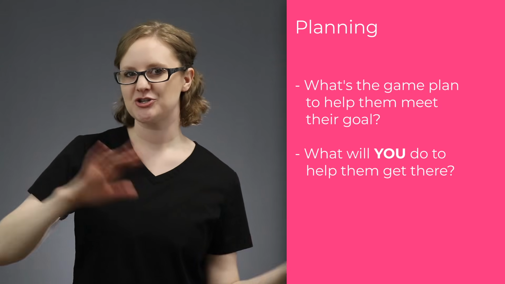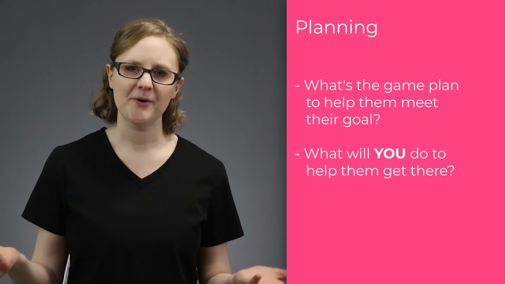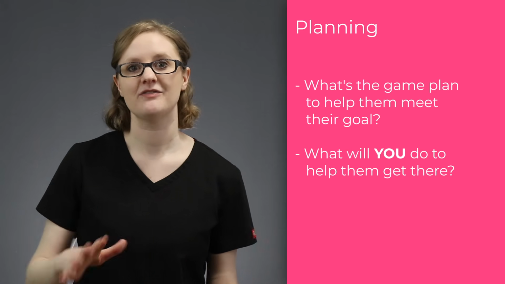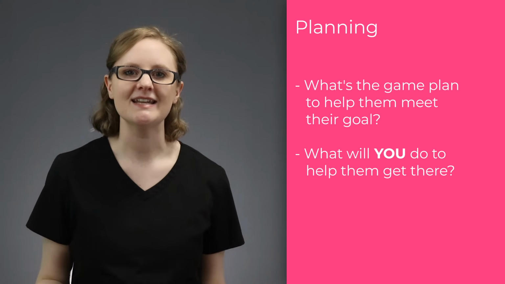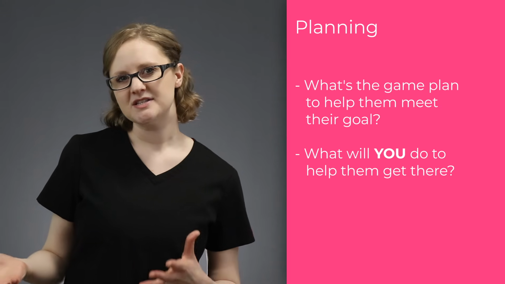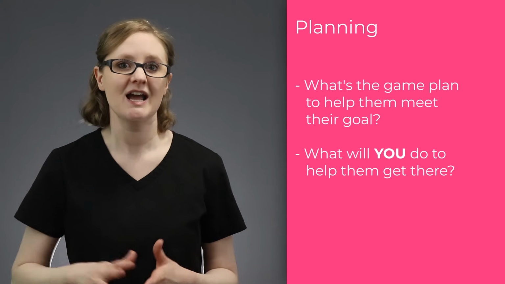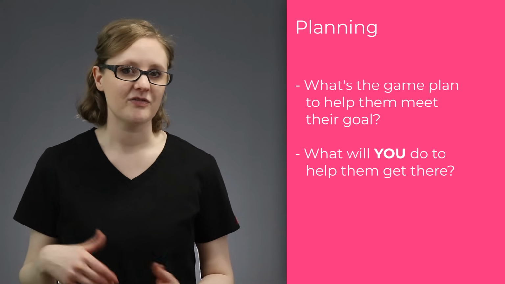So let's keep with our stroke example from before for a patient with impaired swallowing. So if we set a patient goal of the patient will demonstrate techniques to prevent aspiration during meals, that's a pretty good goal. The interventions that you can plan for or do are maybe working with speech language pathology to figure out the best swallowing technique for them.